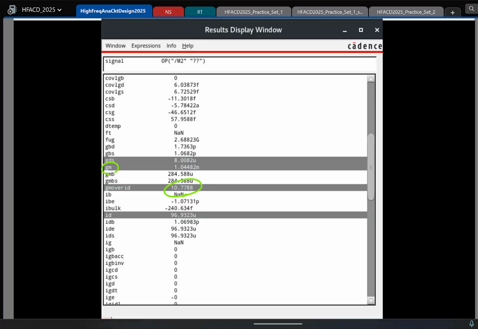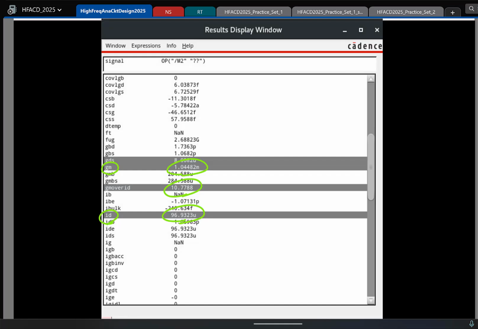So here you can see Gm is about 1.04 roughly, and the drain current is about 97 microamps. Again, there are minor variations because in generating the lookup table, I discarded the effect of VDS. If I had also included VDS while sweeping and generated that massive lookup table, this would have been spot on.